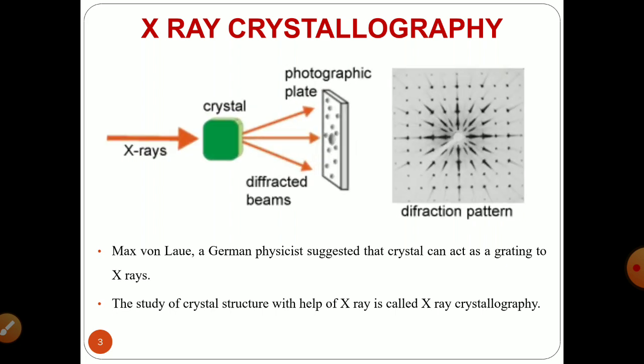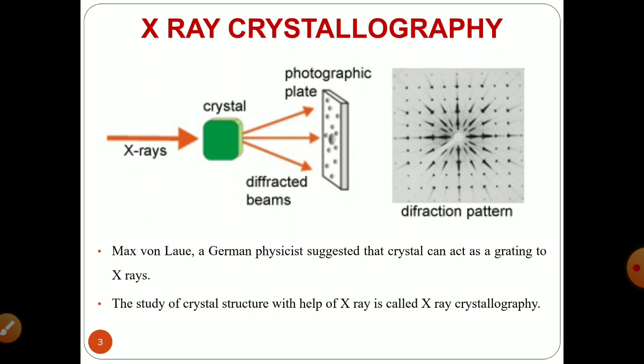When you allow an X-ray to fall on a crystal, a large number of images of different intensities are formed.